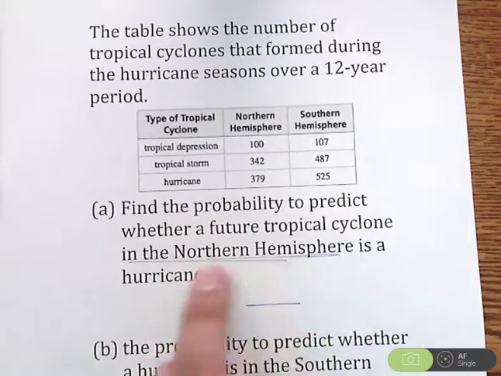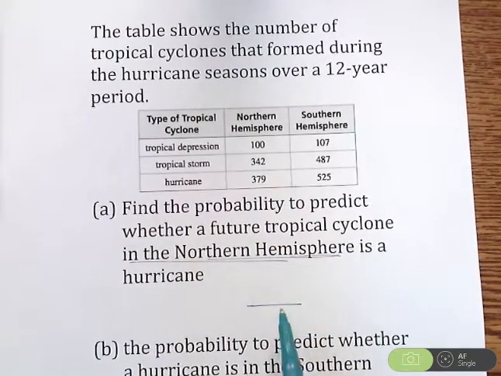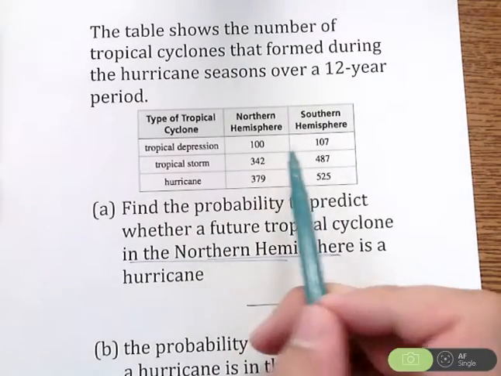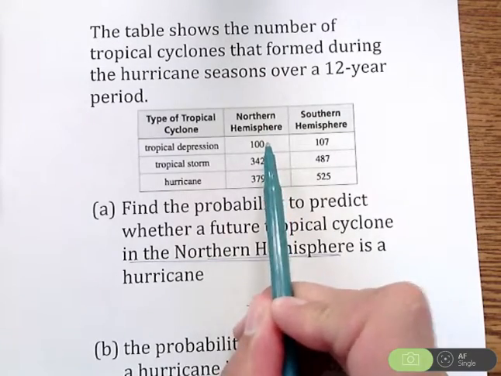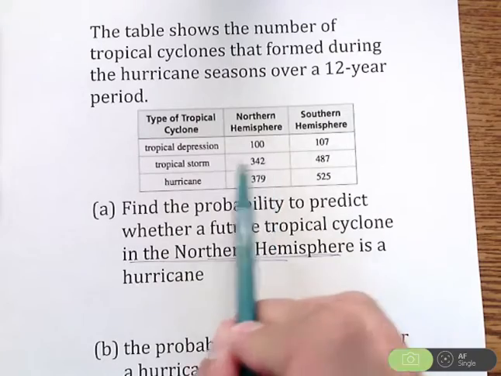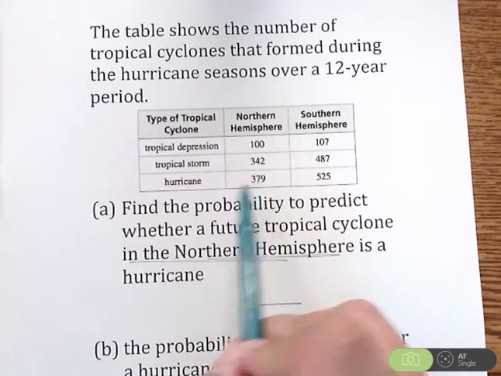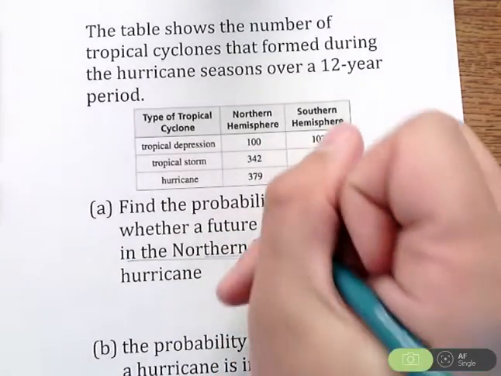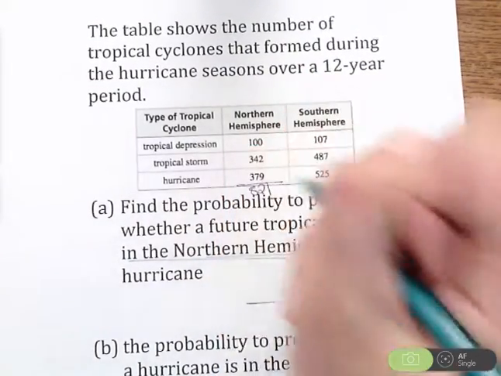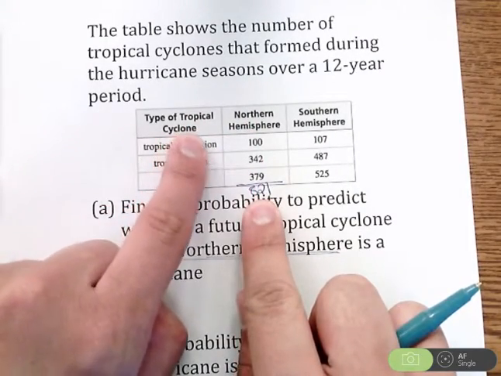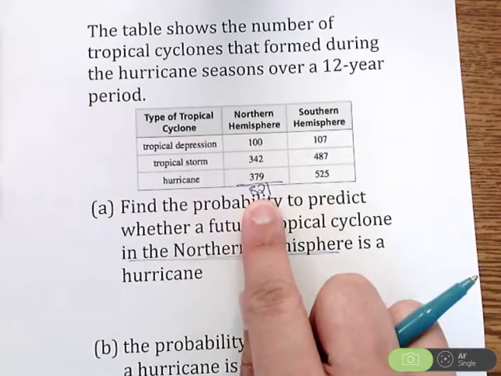So the bottom piece, my whole, is just how many total northern hemisphere cyclones do I deal with? Well, I have 100 northern hemisphere cyclones that are a tropical depression, 342 that are a tropical storm, and 379 northern hemisphere hurricanes. If you add all of that up, that's 821 types of tropical cyclones in the northern hemisphere.